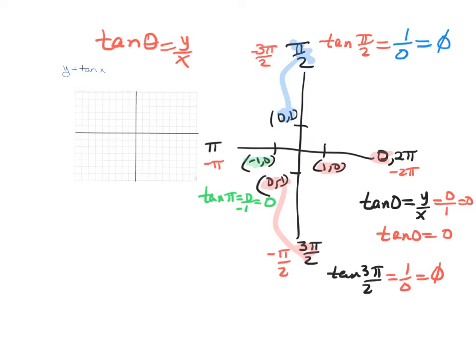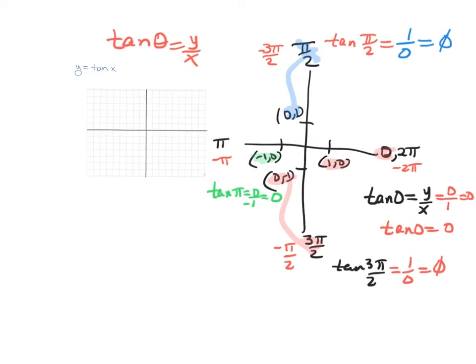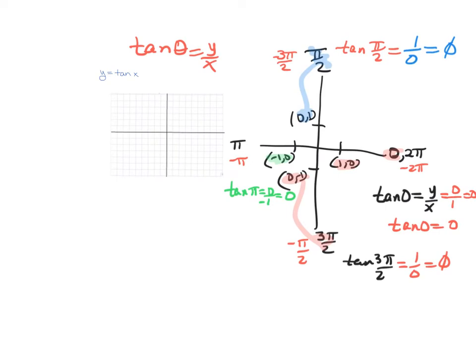So let's go ahead and also talk about the length of the period, or the length of the cycle, for tangent. Remember, for cosine, sine, cosecant, and secant, the normal cycle length was 2 pi. For tangent, it's going to complete its cycle in pi.